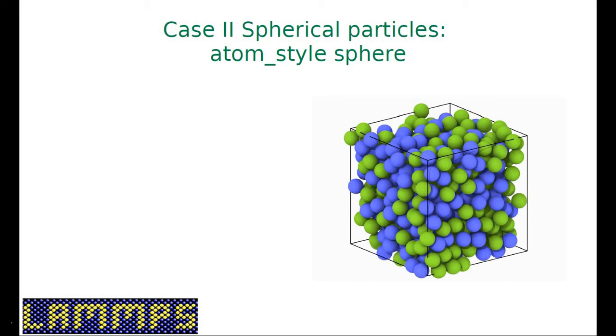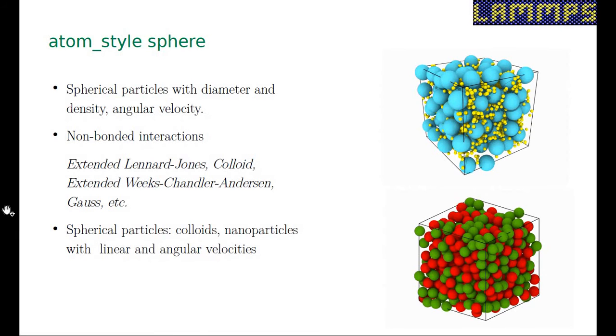Case number 2, spherical particles. Here we use the atom style sphere. In the atom style sphere, we use spherical particles. The spherical particles have diameter, density, and angular velocity.